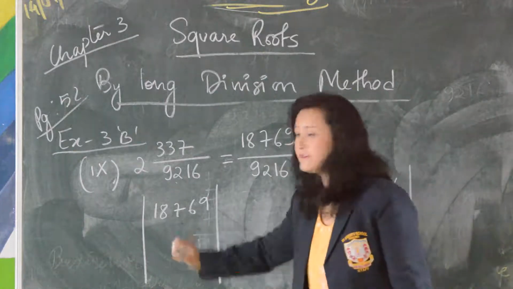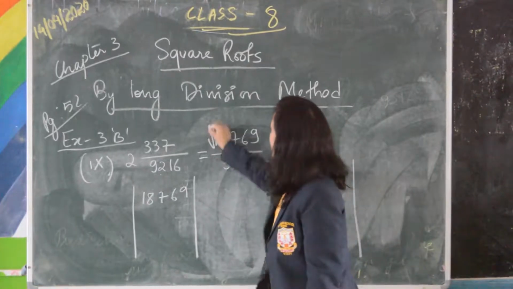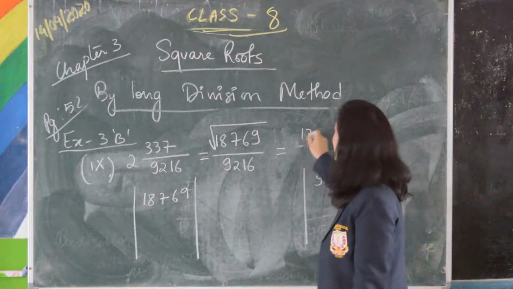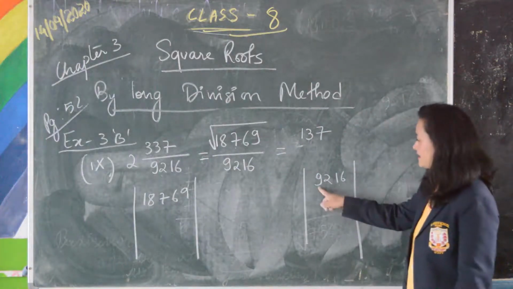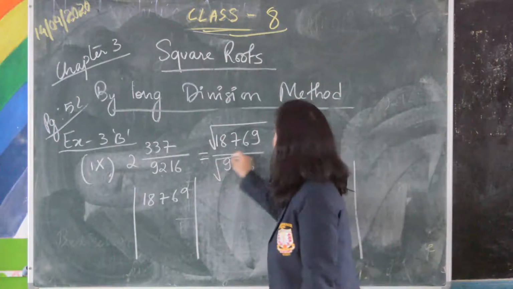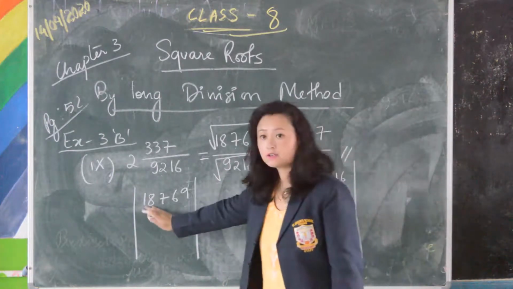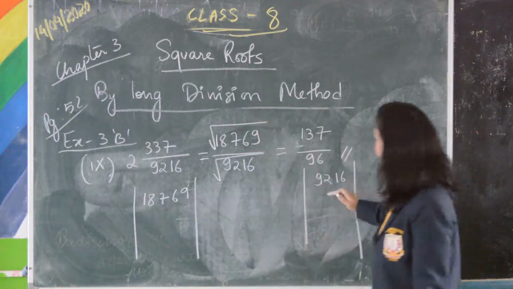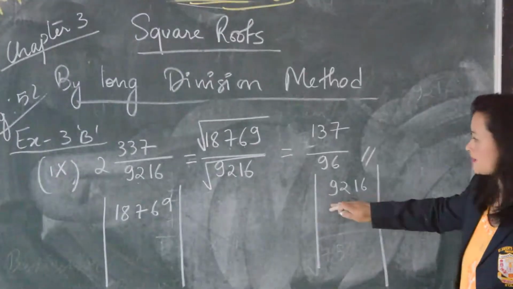For example, the square root of 18769 would be 137. And the square root of 9216 would be 96. Since here it contains both a number with odd digits and a number with even digits, you can calculate for yourself how to find the square root.